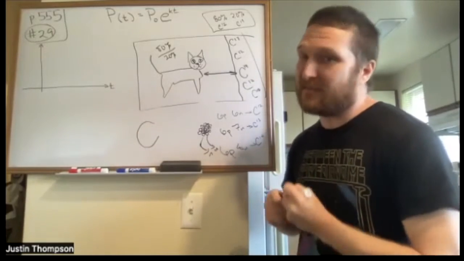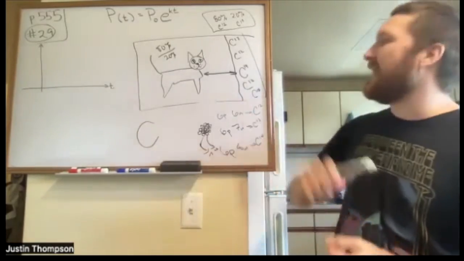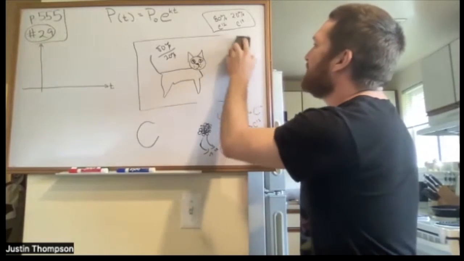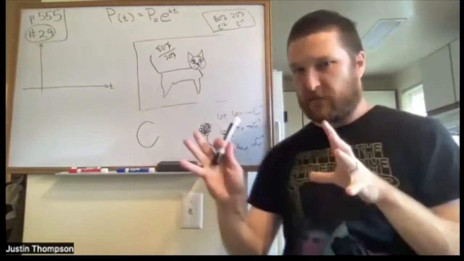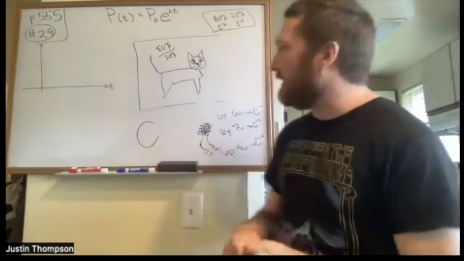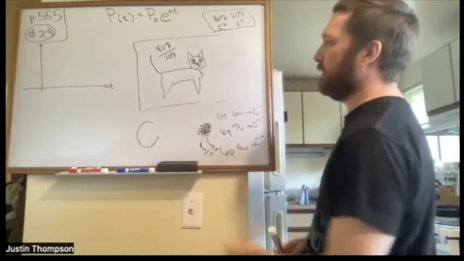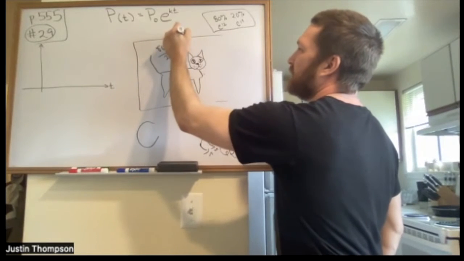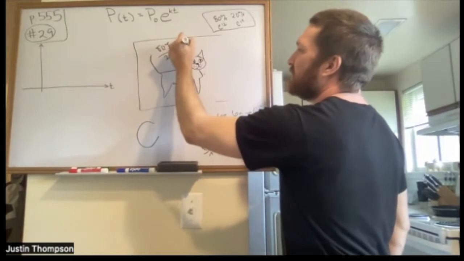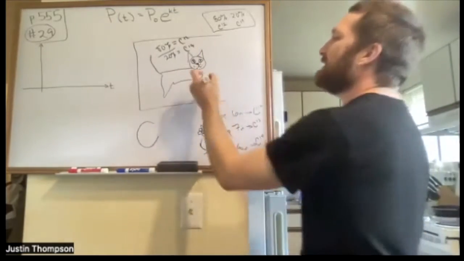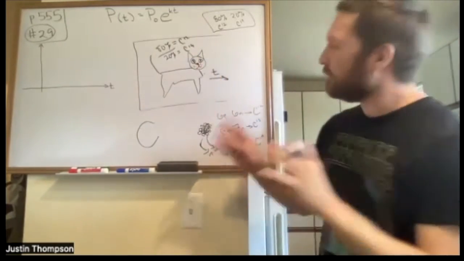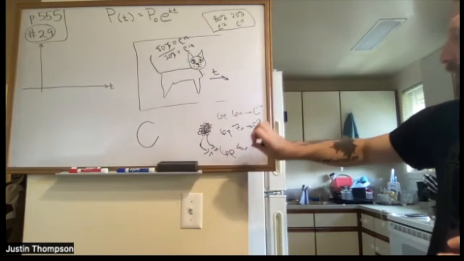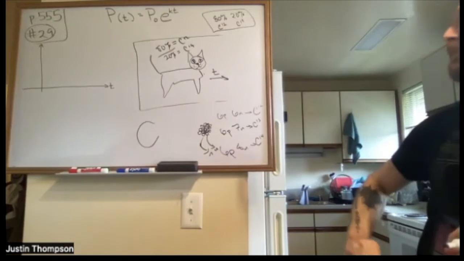But this is where it gets cool. Let's say the cat dies, and it no longer is exchanging its atoms with the outside world. Well, then it dies with this proportion in its system: 80% of it is carbon-12 and 20% of it is carbon-14. But then as time goes on, this decay process is always happening, and a carbon-14 decays and turns into carbon-12.